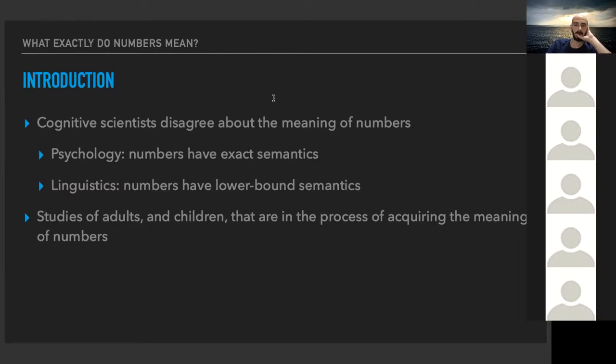So meaning that at first they acquire the meaning of 1, but not 2. Then at the age of 2 to 3, they acquire the meaning of 2, but not 3, and so on and so forth. So the children that are of interest in our experiments are the so-called 2 knowers. So they know the meanings of 1 and 2, but not of the number 3.